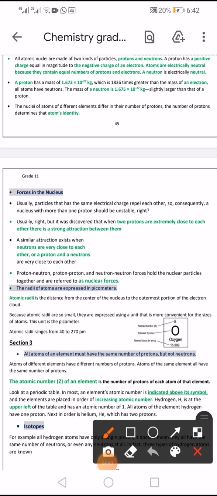Force in the nucleus. Particles that have the same electrical charge repel each other. So when we have a positive and a positive charge, they will repel each other. Consequently, a nucleus with more than one proton should be unstable, right? Usually right, but it was discovered that when two positively charged particles are extremely close to each other, there is a strong attraction force between them.